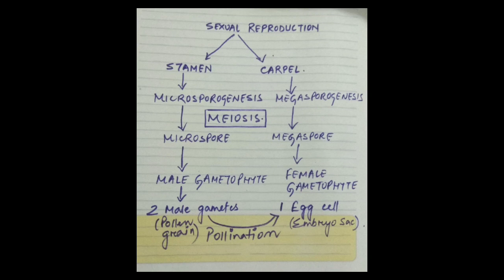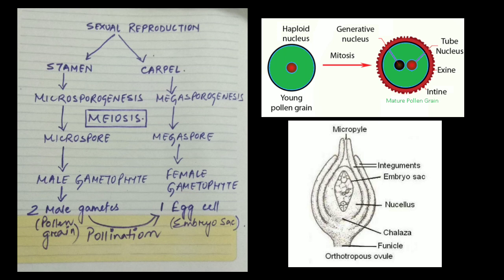Now, as these two spores are formed, that is the microspore and the megaspore, it leads to the development of the gametophyte of the flowering plants, which is the male gametophyte and the female gametophyte. Microspore itself is the male gametophyte, whereas megaspore itself is the female gametophyte.